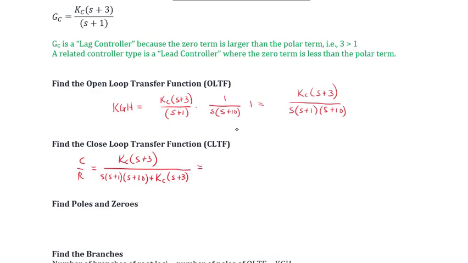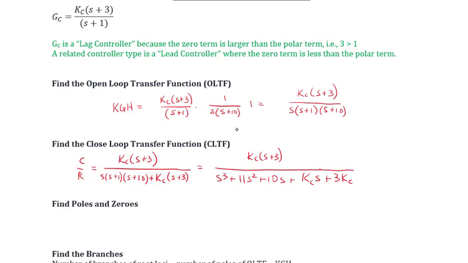If we calculate that through, that's going to be K sub C times S plus 3 all over S cubed plus 11S squared plus 10S plus K sub C S plus 3K sub C.